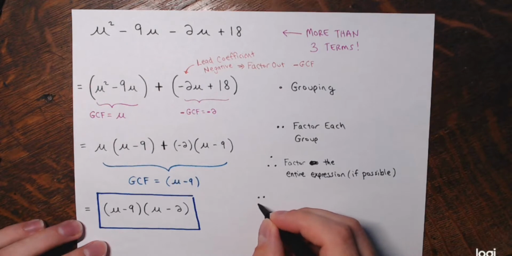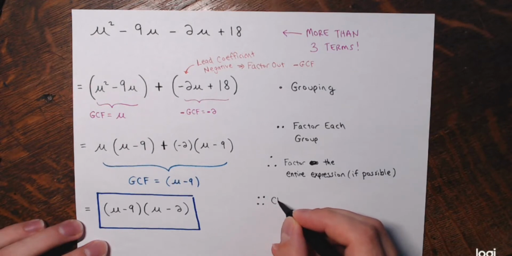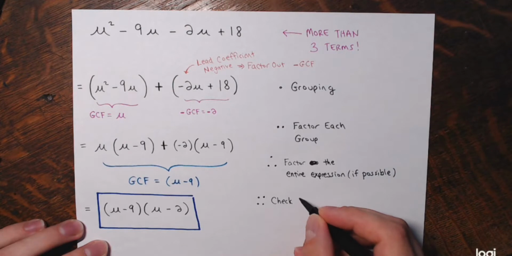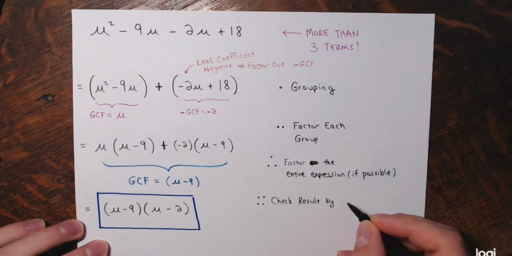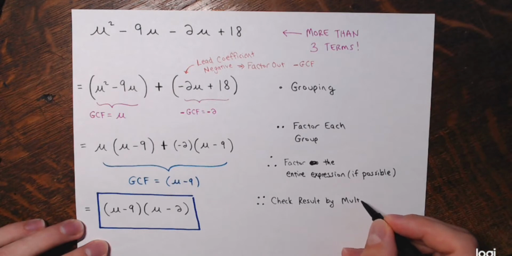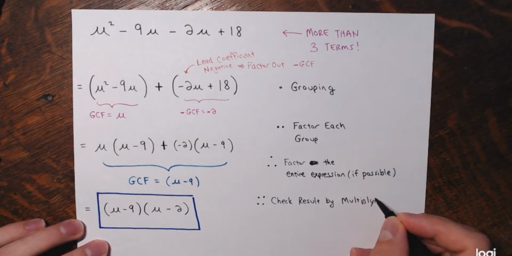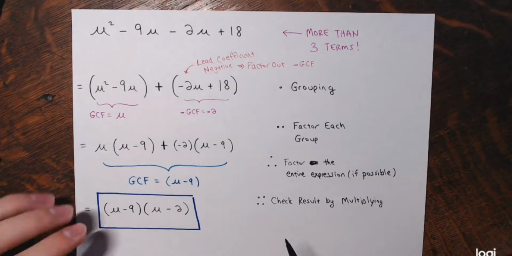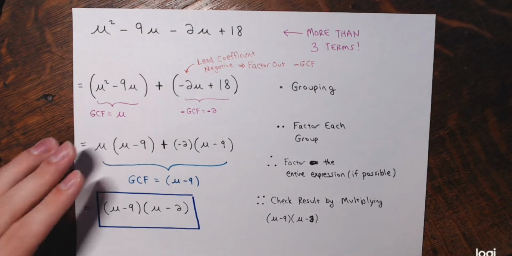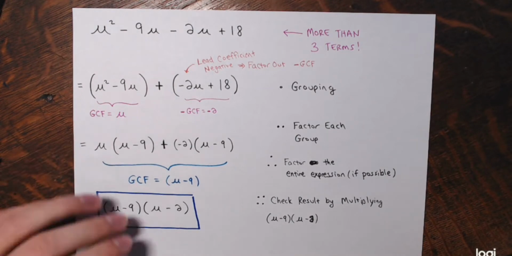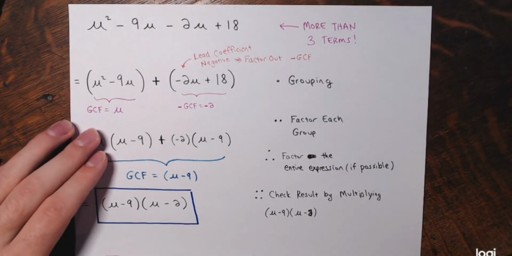And then, of course, check your result by multiplying. That's how you check if your factoring was correct. So I've got my final result, the factored version was u minus 9 times u minus 2. Sorry, u minus 2. And let's multiply. Now, I'm hoping you know how to multiply polynomials.